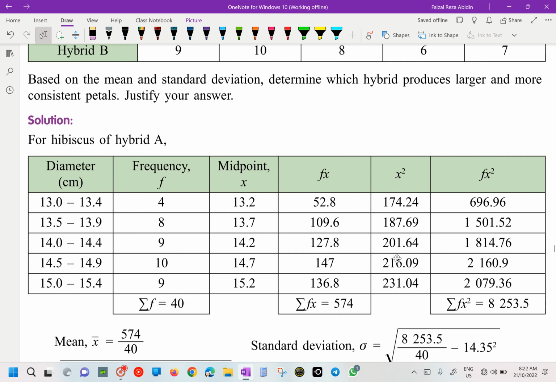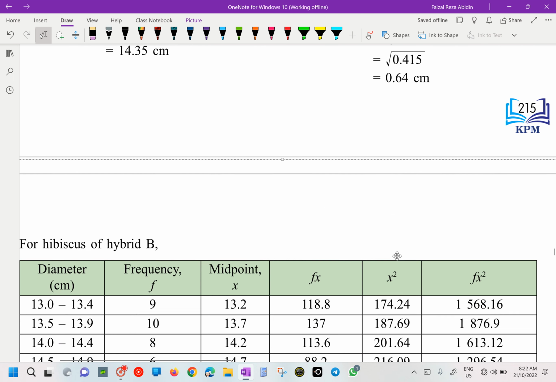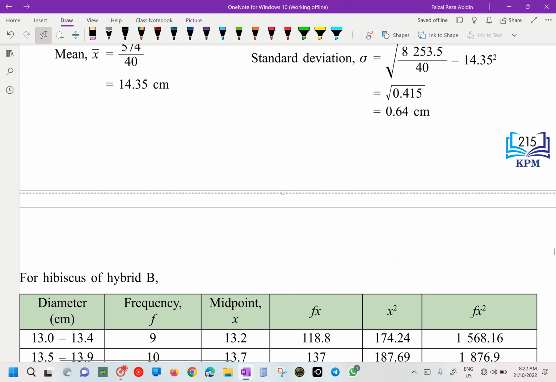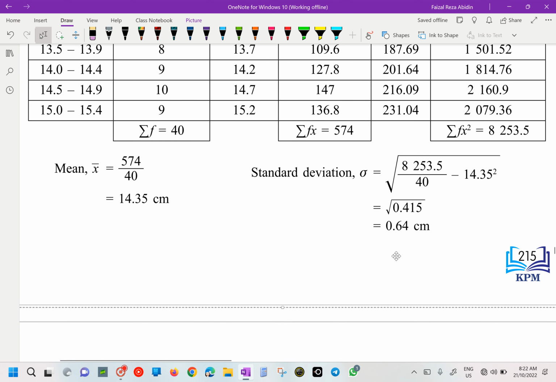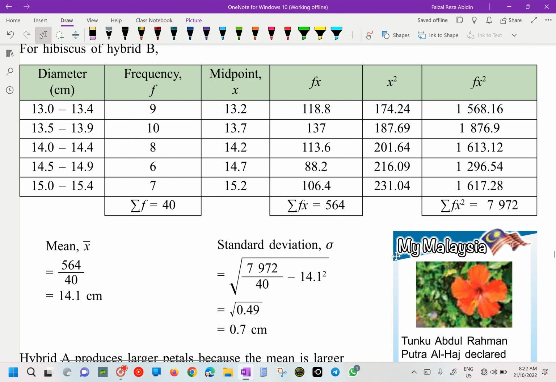We find our mean and standard deviation for the hibiscus of hybrid A, then for the hibiscus of hybrid B, which means you have to do two calculations here. The mean for A is 14.35, standard deviation 0.64. For hybrid B, the mean is 14.1, standard deviation is 0.7.